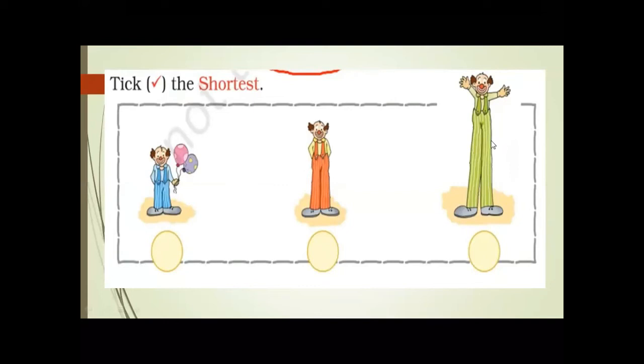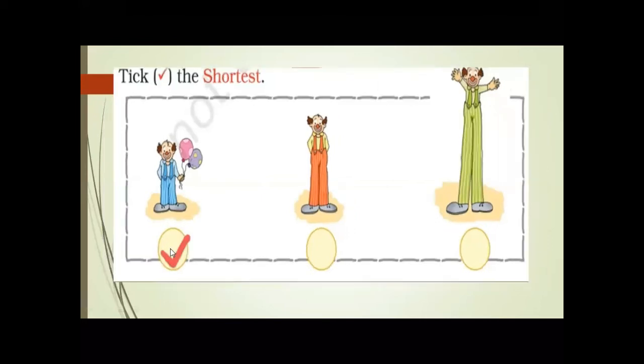When we compare these two, this one is taller and this one is shorter. But here we take the shortest one. Which one is smallest? Which one is short? This one. So we have to mark this joker. This is the correct answer. This joker is shortest among these jokers.